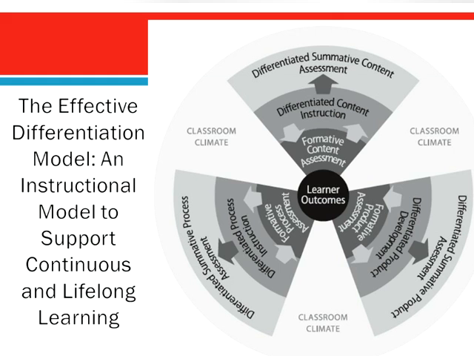It's many components. It's very intentional planning. It's taking students' best interests in mind. And you note that the effective differentiation model is intended to support continuous and lifelong learning. That's really what school is all about.